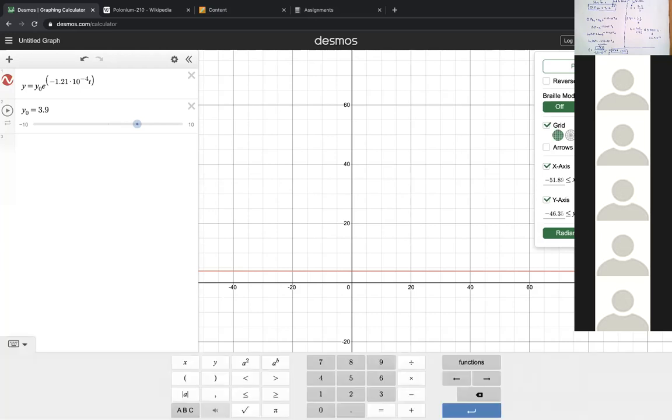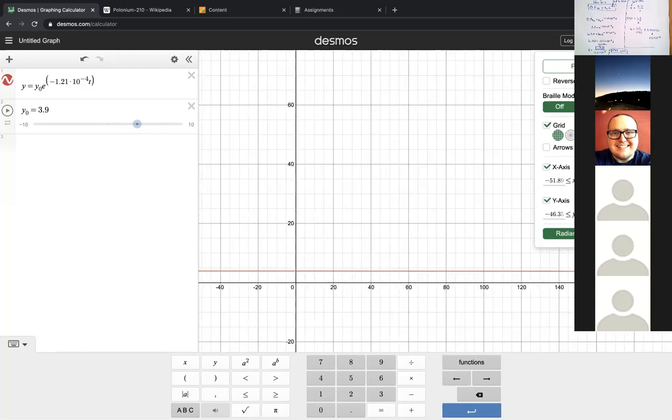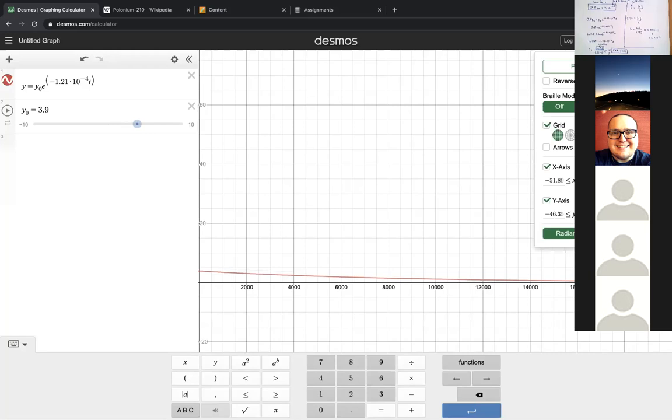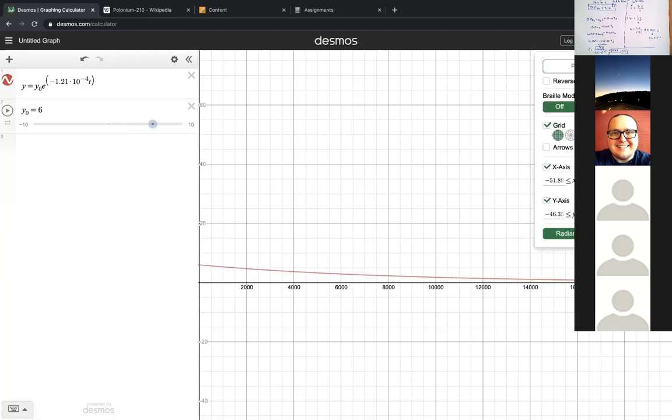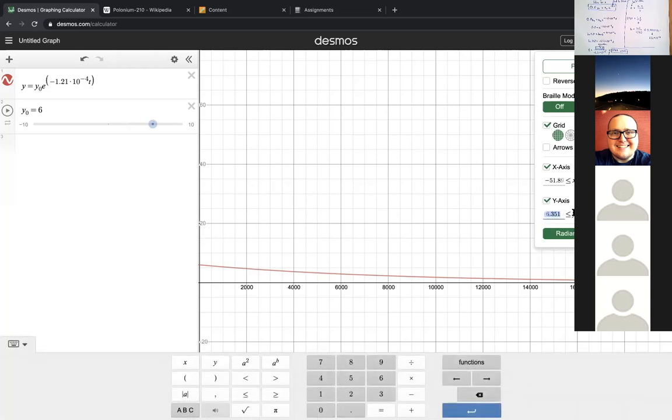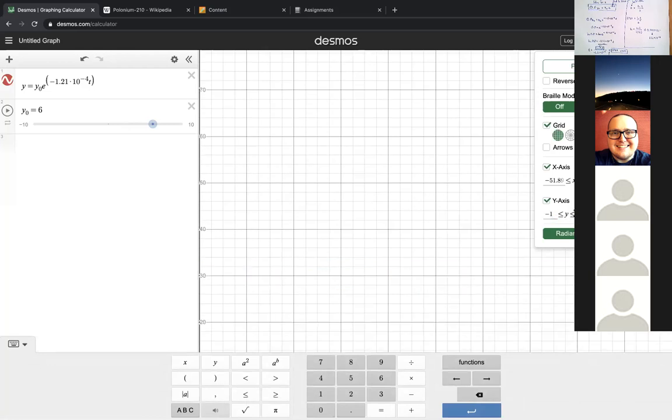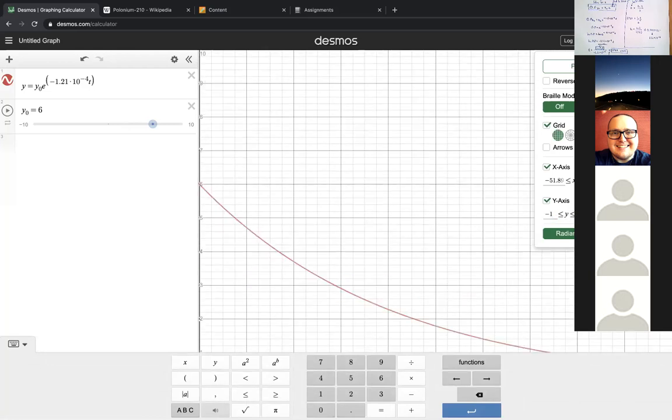That means in order to see anything interesting, we should have something on the scale of maybe 20,000 on our x-axis, which would be 4 half-lives, approximately. And let's change the y0 value to be, let's just pick the number 6. And adjust the scale. There we go. Now we can see something.